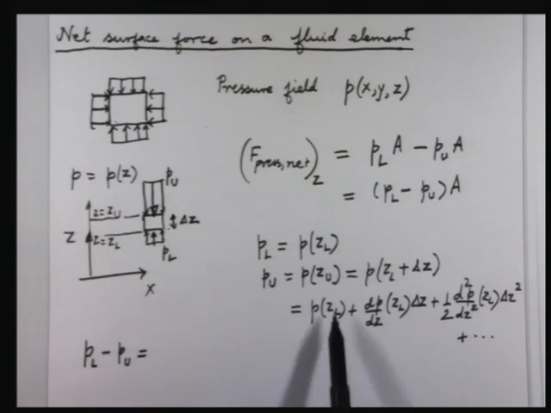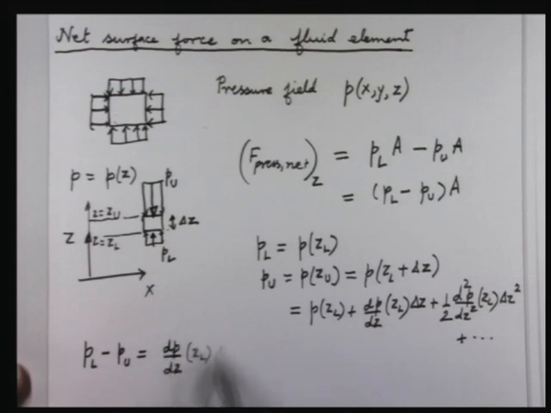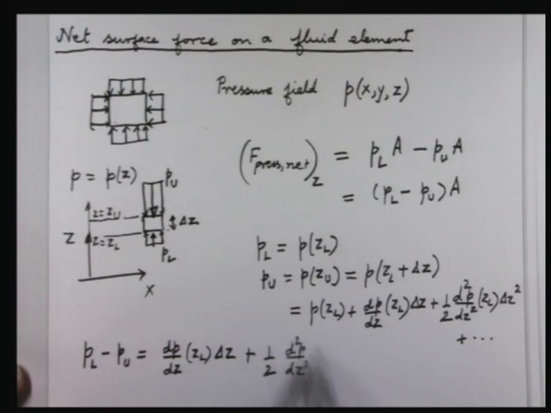So to get it, I move this term to the left hand side, and then I will be left with the infinite series. The first term of this is dP/dZ at ZL into delta Z. And then you have higher order terms, half d2P/dZ squared at ZL into delta Z squared plus this.